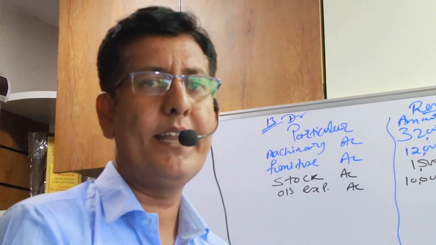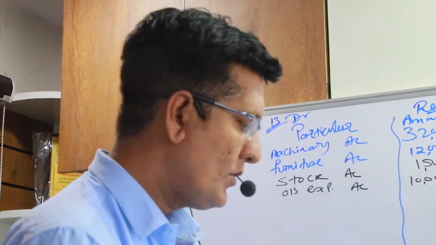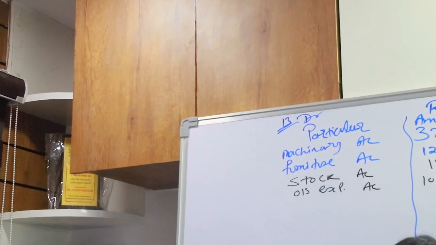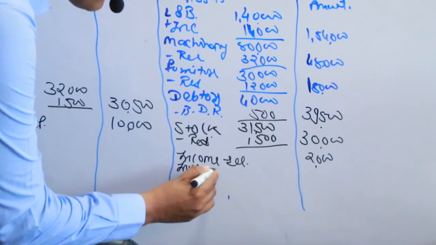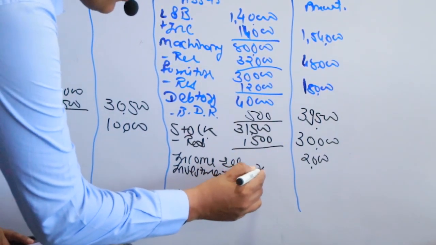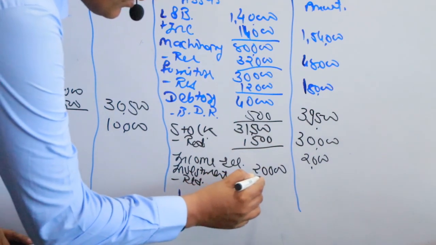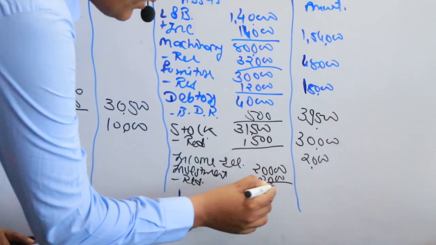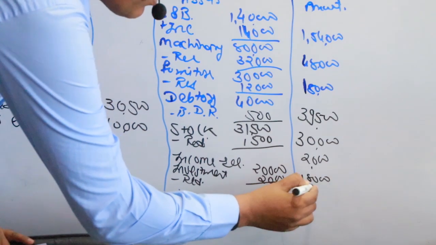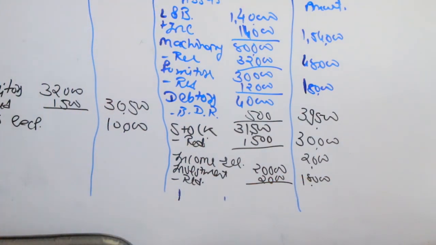That means the market value is 2,000 less. So here we reduce the investment, 20,000 minus 2,000, so here 18,000.